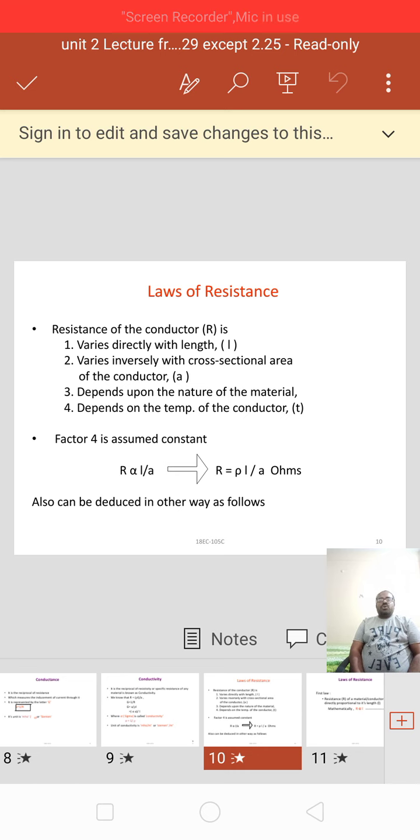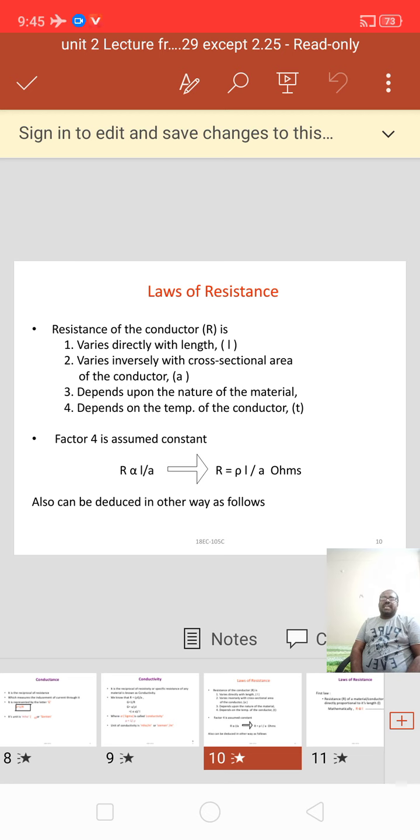So by summing these 4 points we get R proportional to L by A, that is equivalent to R equal to rho into L by A. For eliminating the proportionality constant we are taking rho.